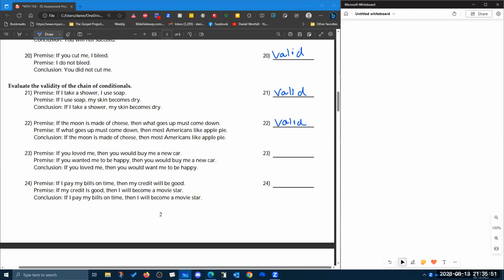Let's go ahead here and look at 23, which I was starting to write down in the middle of 22. If you loved me, Q is you would buy me a new car.